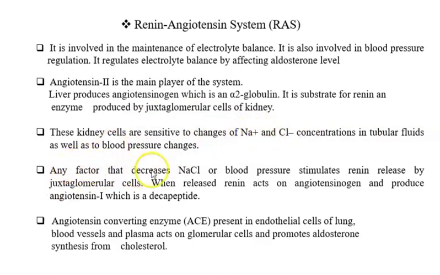So any factor that decreases sodium chloride or blood pressure stimulates this enzyme renin in the kidneys to be secreted. And when renin is secreted, it will act on this protein, angiotensinogen, and produce angiotensin 1.